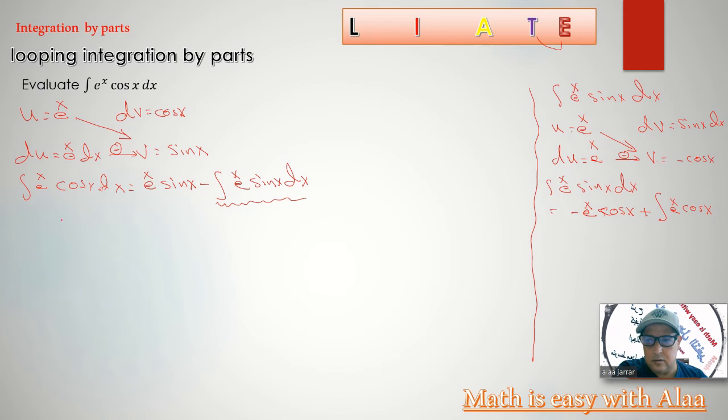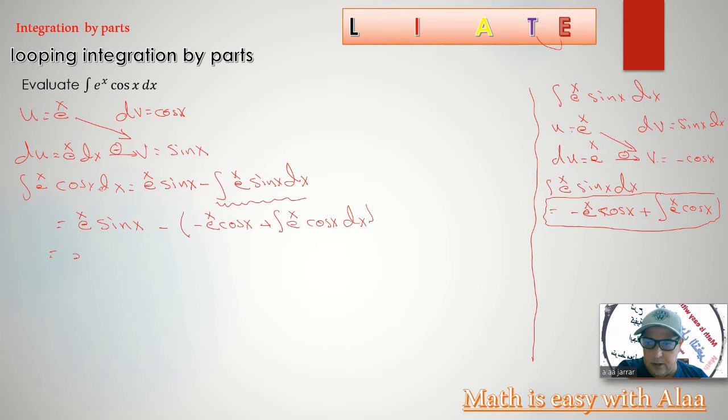Now we return here. This integral is the same. This is the integral of e^x sine x. We replace the integral of e^x sine x dx by this one: minus e^x cosine x plus the integral of e^x cosine x.